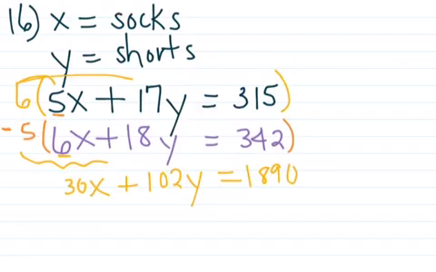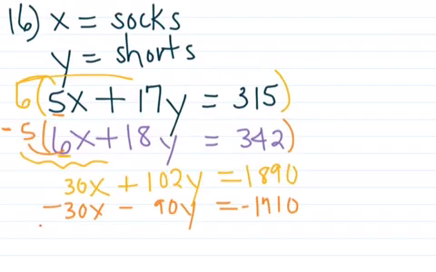Okay. Now, on the second line, we've got negative 5 times 6 is negative 30x. Negative 5 times 18, which is negative 90y. And negative 5 times 342 is negative 1710.